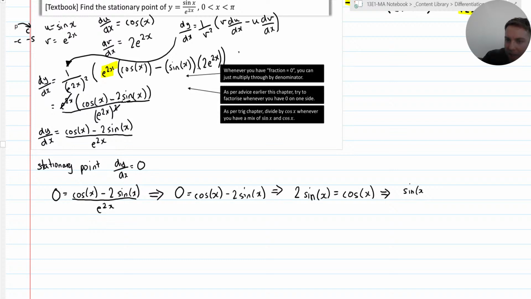I'm going to divide the left-hand side by cos, which is going to give me sine of x over cos of x is equal to a half, which gives me my final little part, which is that tan of x is equal to a half. Now, this is what I'm going to have to solve.